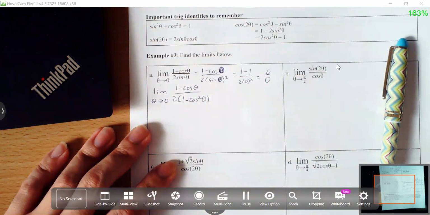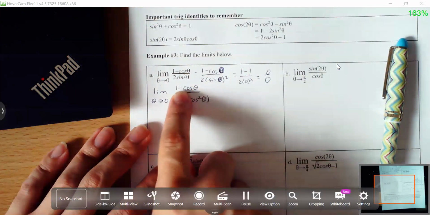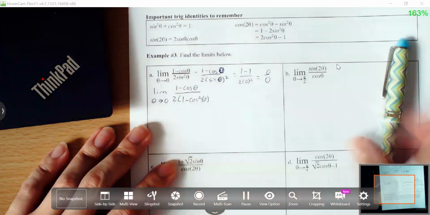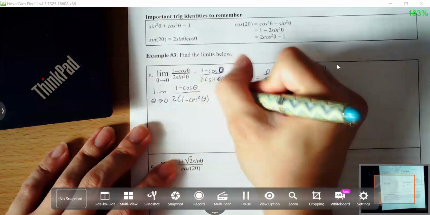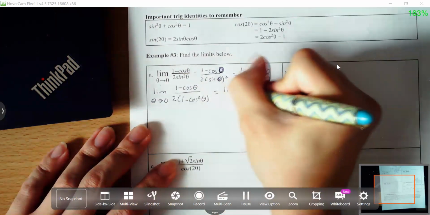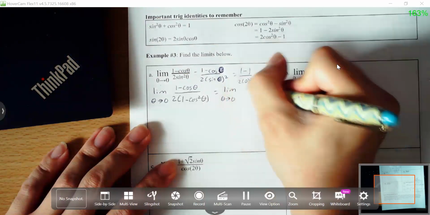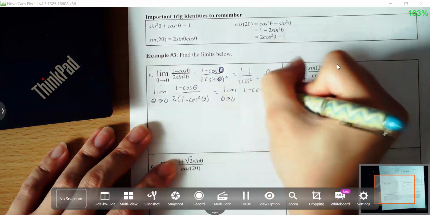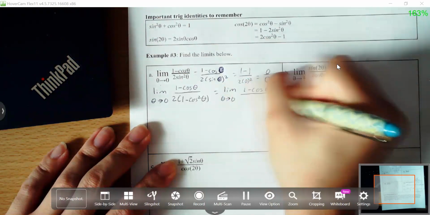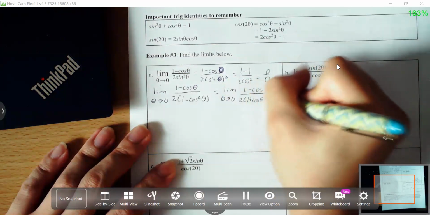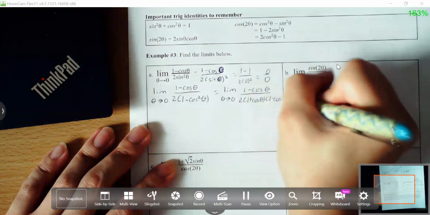Now, once again, I see that I could probably cross that out if I factor this. So I'm going to use difference of squares. So the limit as theta approaches 0 of 1 minus cosine theta. And then the bottom is going to be 2, 1 plus cosine theta, 1 minus cosine theta.